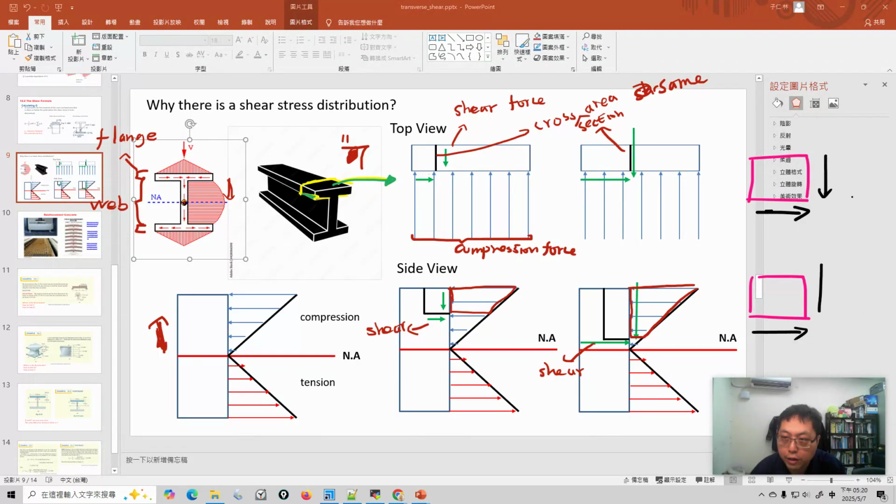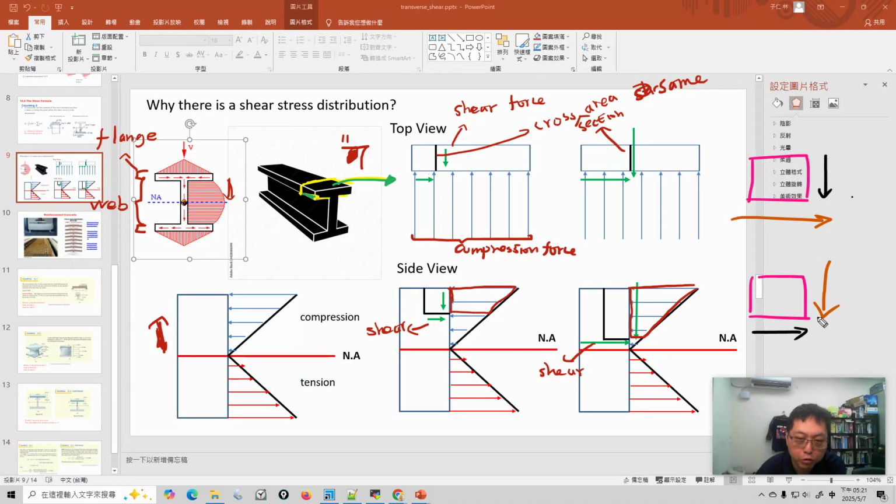I think I should use a different color. So at the web part, we have the shear stress here to resist the compression force here to reach boundary equilibrium, and then also we must have the shear force balance.